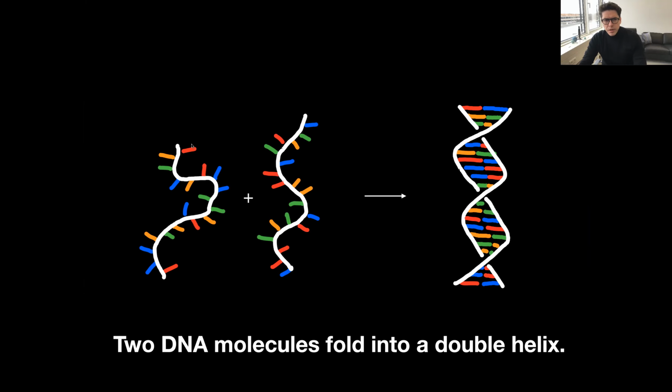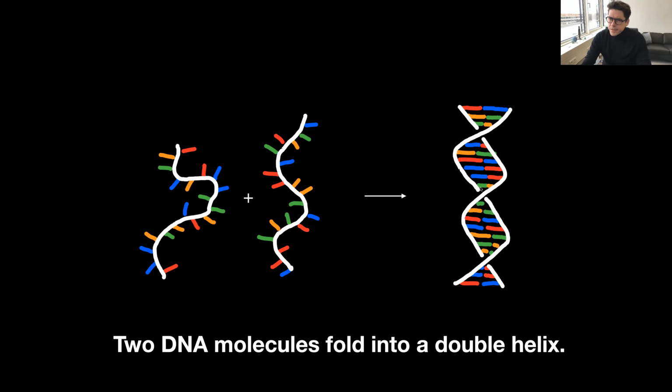For example, red likes to pair with orange, and the green one likes to pair with blue. So if these 2 DNA molecules with complementary sequences meet in solution, they can wrap around each other and form what is called a DNA double helix, a right-handed structure. And you see here the base pairs.